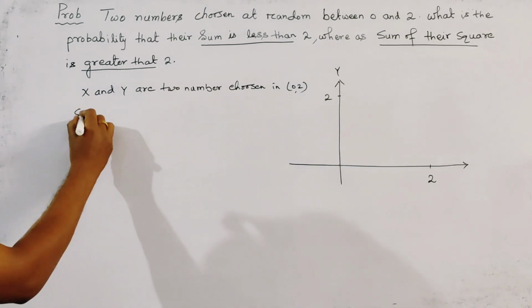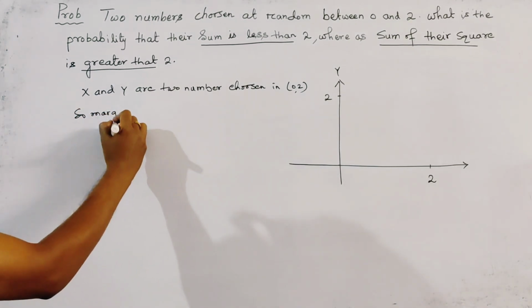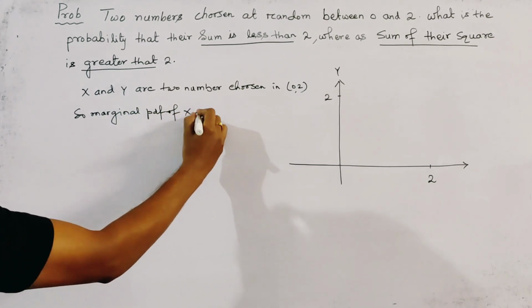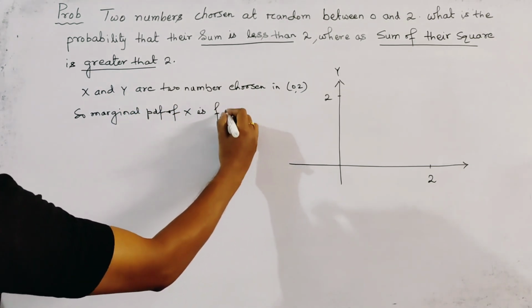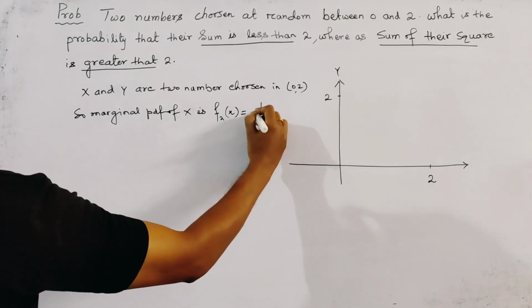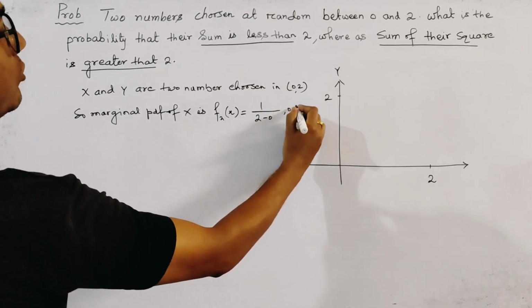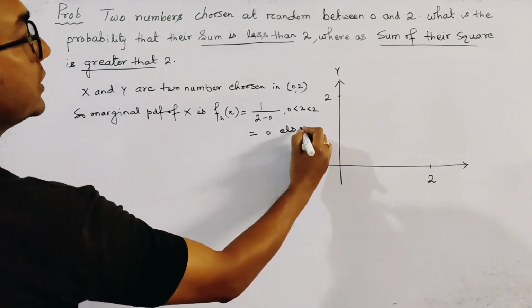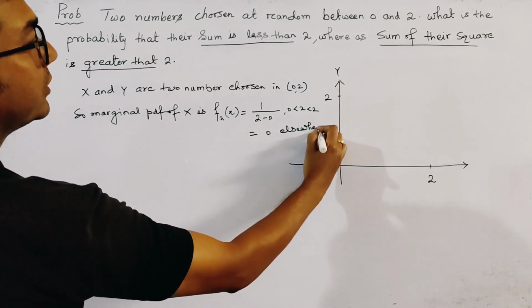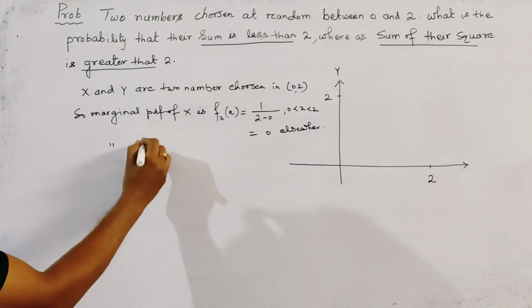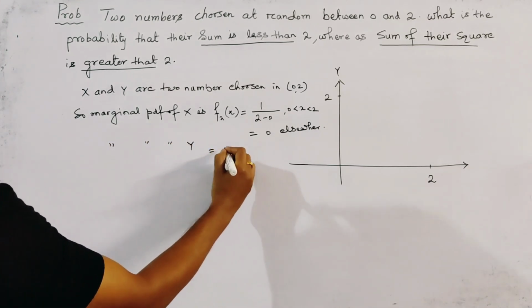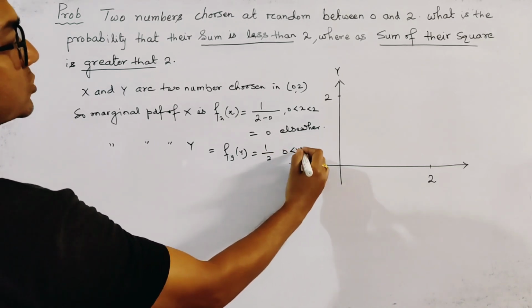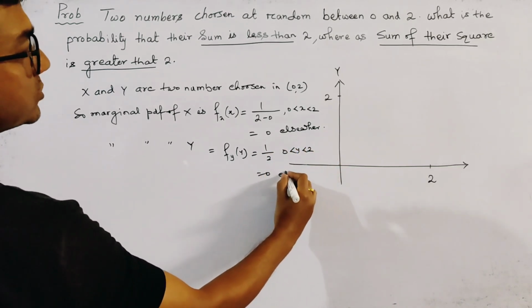So the marginal PDF of x is f_X(x), which is given by 1 by (2 minus 0) for 0 < x < 2 and 0 elsewhere. Similarly, the marginal PDF of y is f_Y(y), which is 1 by 2 for 0 < y < 2 and 0 elsewhere.